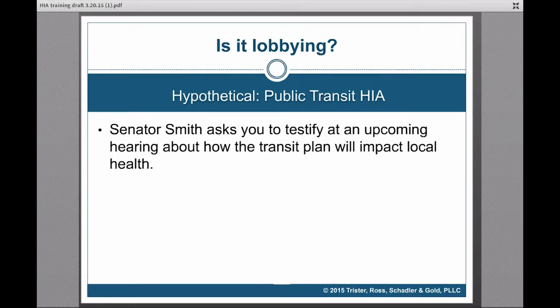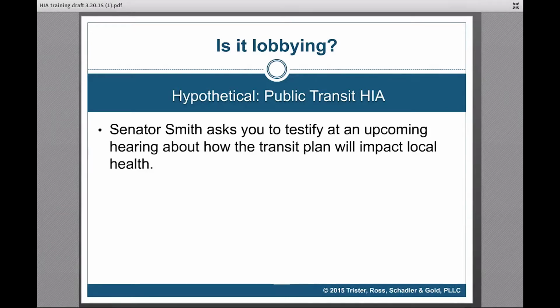I'll answer a question before we get into this environmental issue. Question here from Sheila is, several steering committee members are actively engaged in lobbying on issues related to the focus of our HIA. Are there special measures we should take to make sure their activities are separate from our HIA? That's an excellent question, and that's one that comes up very frequently.